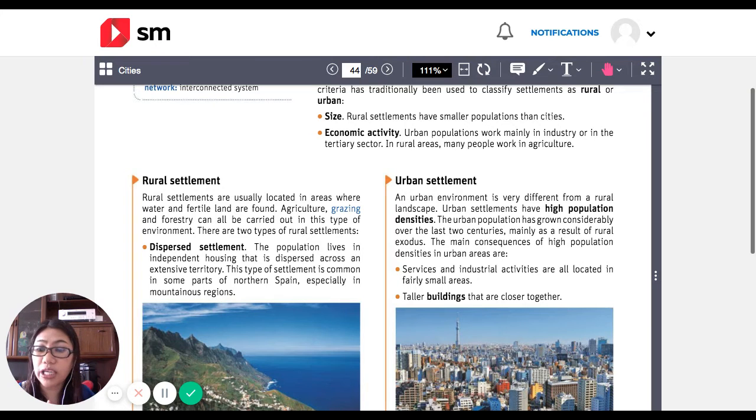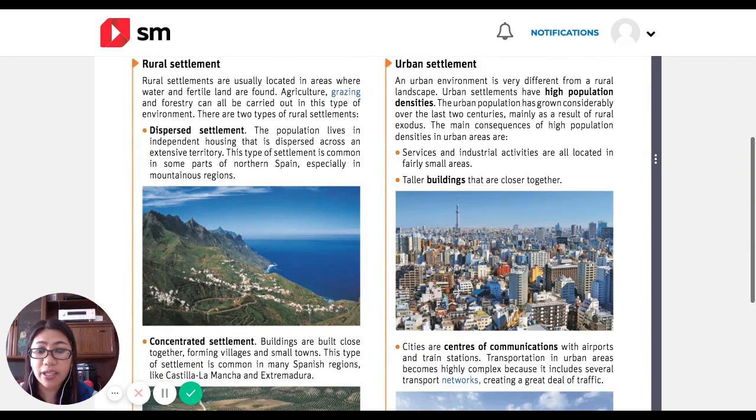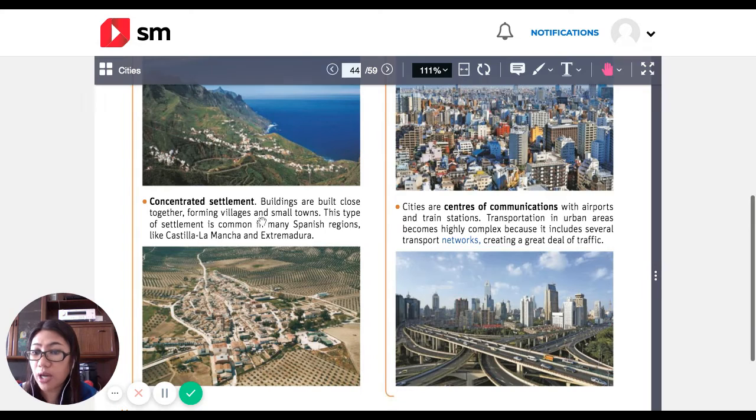So usually in mountainous areas and in the northern part of Spain. Then we also have the concentrated settlements, in which buildings are designed close together to form a village or small town, like the regions of Castilla-La Mancha and Extremadura.